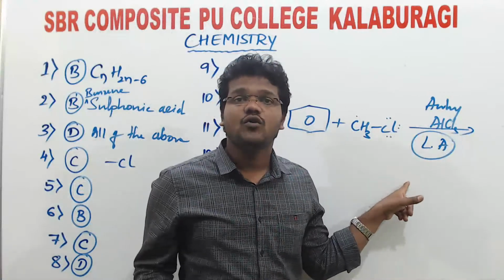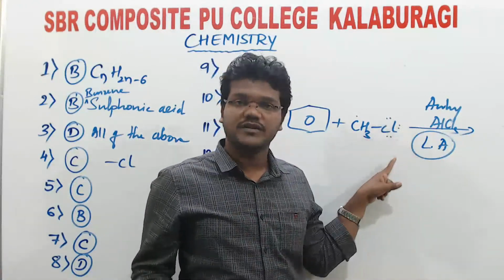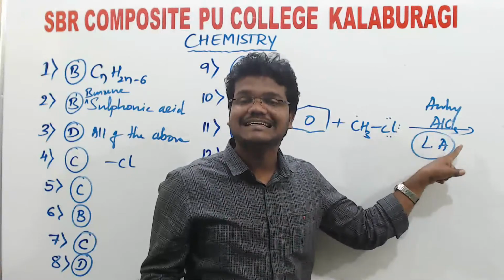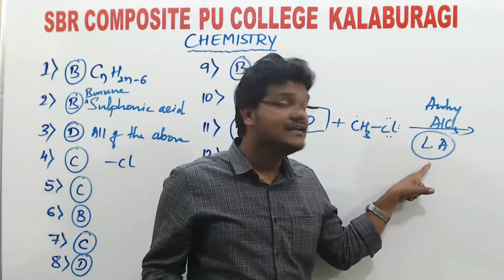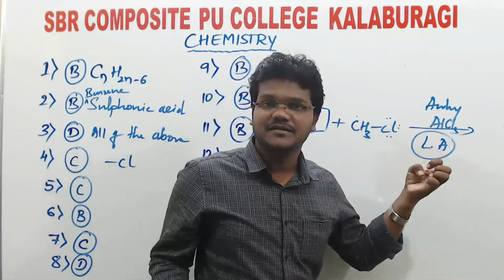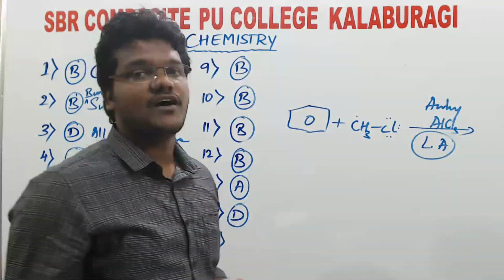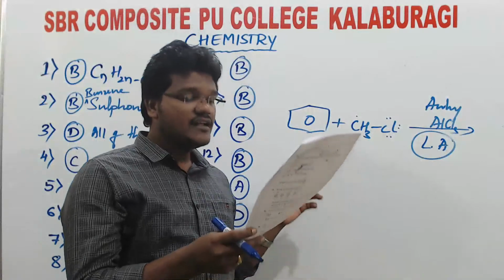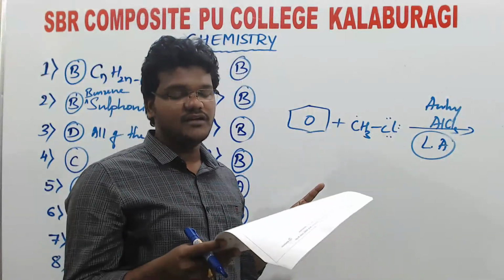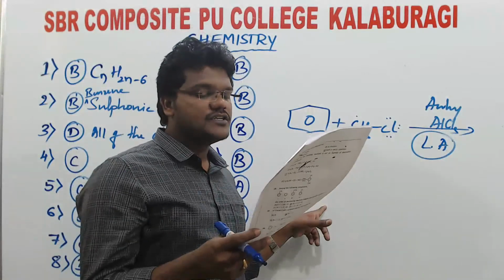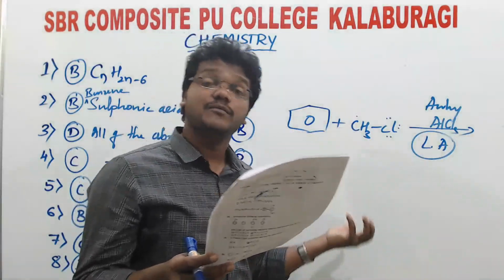It will coordinate with the lone pair of electrons present on the halogen. It is in need of electrons because it is a Lewis acid. It accepts electrons. Now go through the options. Option A, it is electron rich. Option B, it is soluble in ether. Option C, ionizable to chloride and aluminum ions.